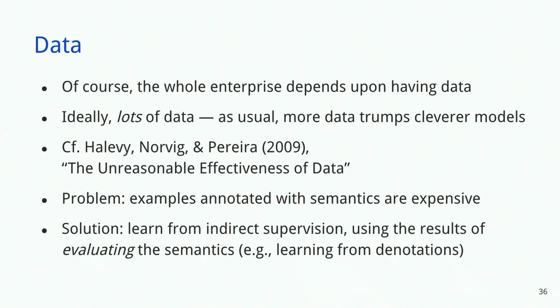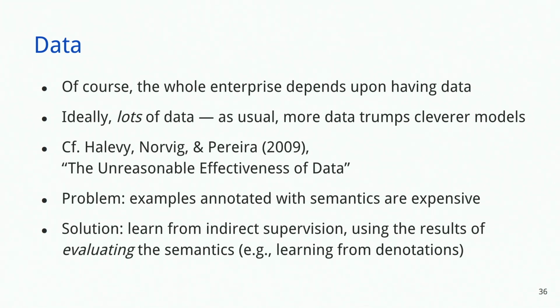So paying graders, paying human annotators to look at example input queries and write down the target semantics for those queries so that we can then train machine learning systems to capture that. However, that's really expensive. Labeling examples with target semantics is slow and laborious and costs a lot of money.